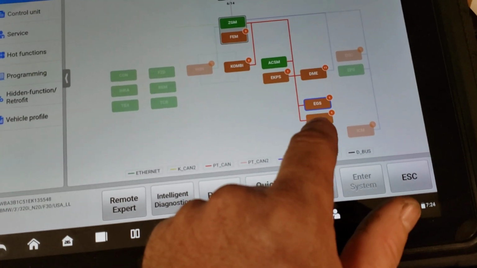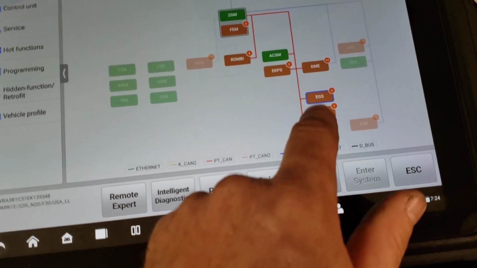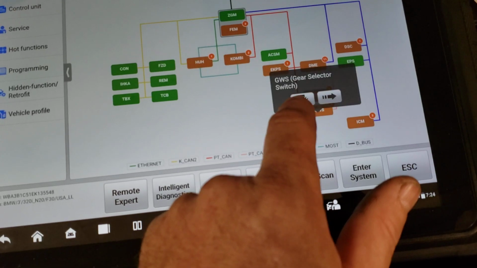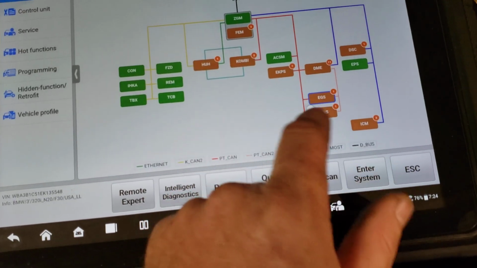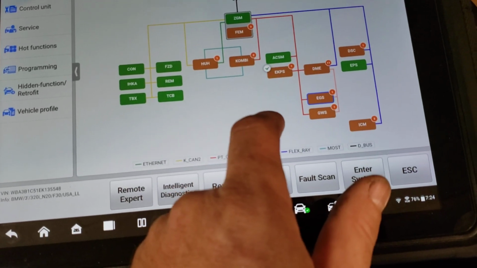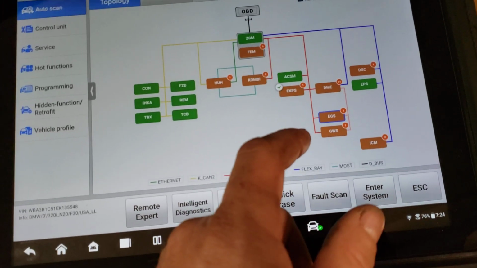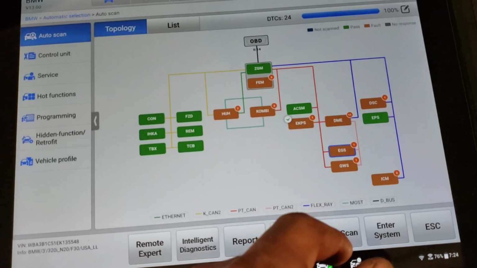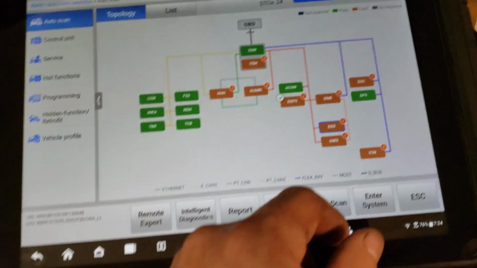We got to go down and look at the gear selector switch, maybe unplug that and see if that's causing it, the DME or the fuel pump, and see what's going on. Or is it a physical wiring issue itself that's causing this?